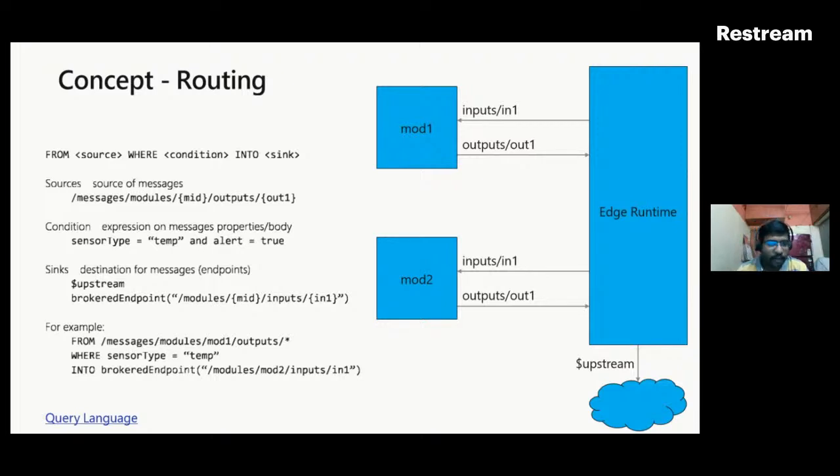For example, in this example from the messages module, your output messages will be moved to your destination where the sensor type should be temp into the Gocode endpoint.